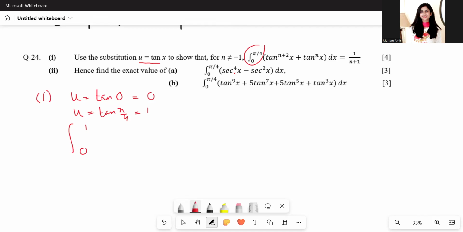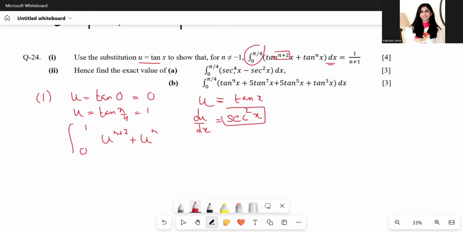And tan power n plus 2 will become u power n plus 2, and tan power n will become u power n. Now we need to change dx. To change dx, we're going to use u equals tan x first. Differentiate both sides with respect to x. So du by dx equals secant square x. But we need this in terms of u.